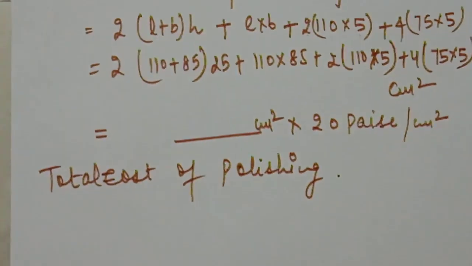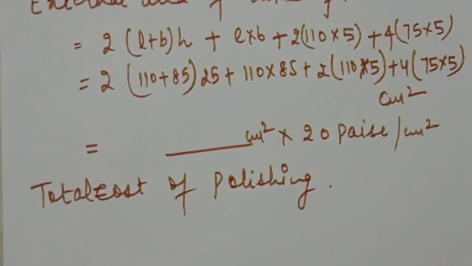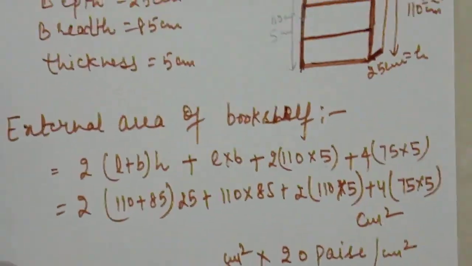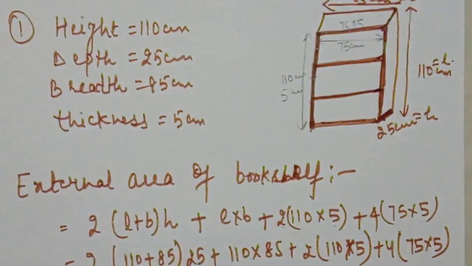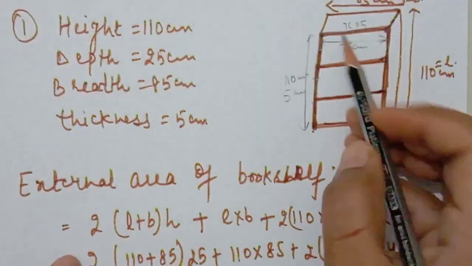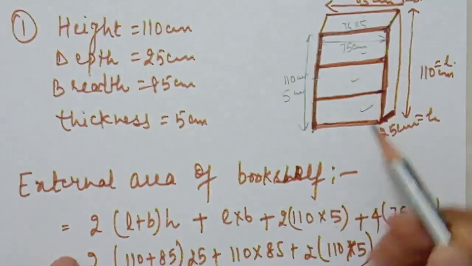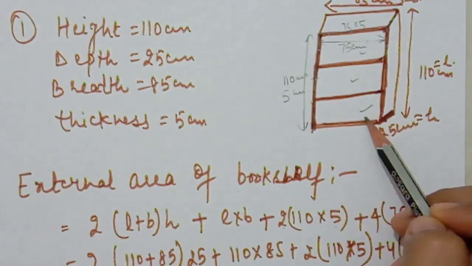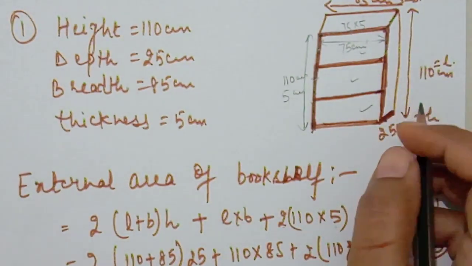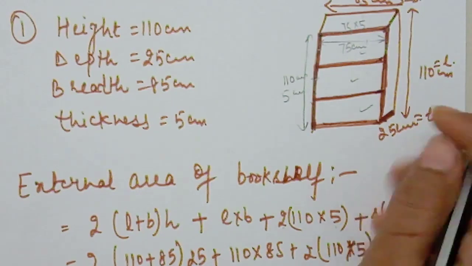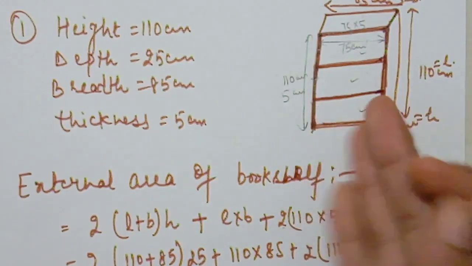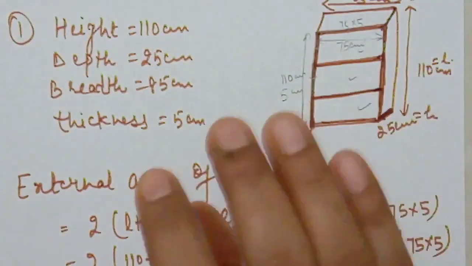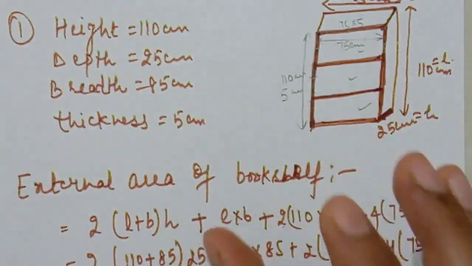Now students, for the inner part we have to find the cost for painting. So students, now please tell me, we have 1, 2, 3 boxes. 3 boxes are there, and please see the almirah which is present in your home. We have to paint according to the depth. The boxes which are present, with the depth we have to paint.